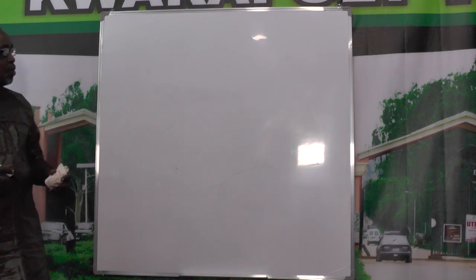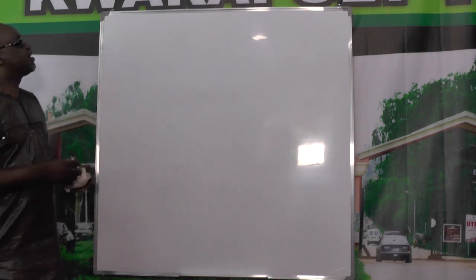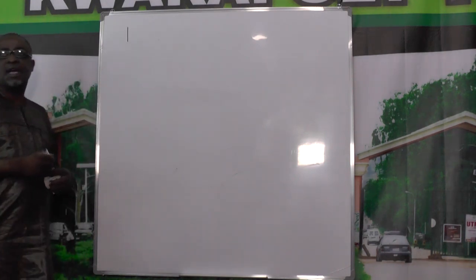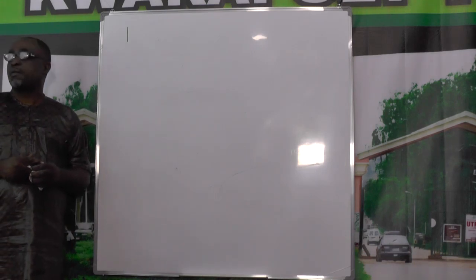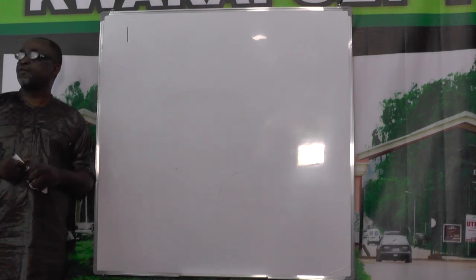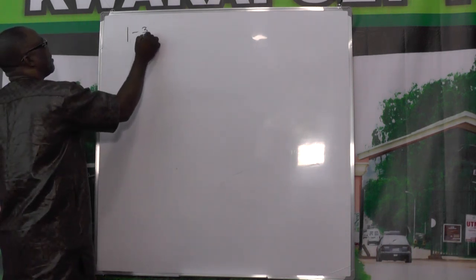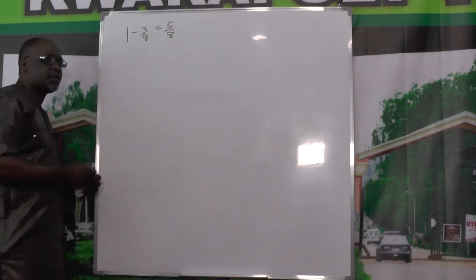Now, solution. The tank is assumed to be 1. Now, by the time we remove 3/8, we'll have 5/8.